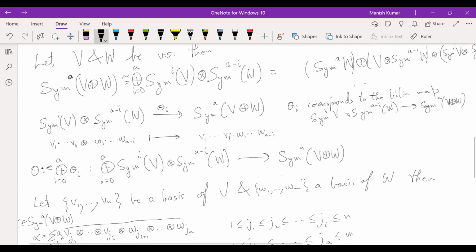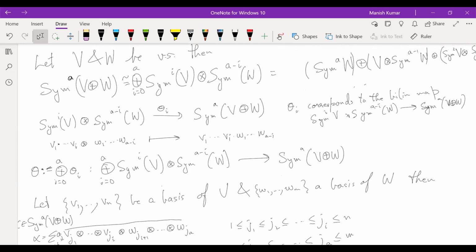So now I'll roughly tell you why this is an isomorphism. One can check whether it's injective. You can check each theta_i is injective, and then that it's surjective.